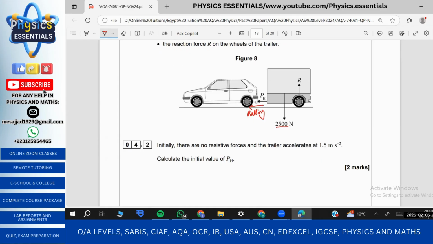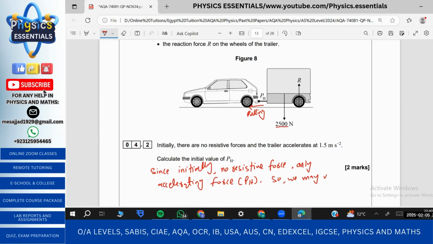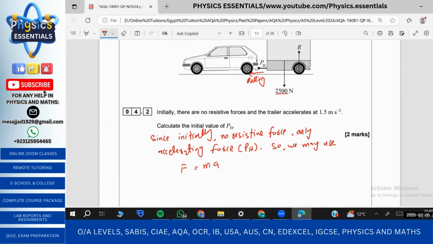Since they are telling you that initially no resistive force is there, only accelerating force, which is PH, we may use Newton's second law of motion, which is F equals ma, and F is actually here PH, and m is actually equals to W by g, because your mass is not given here.